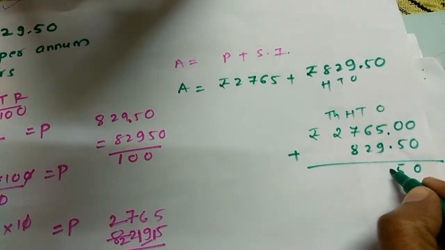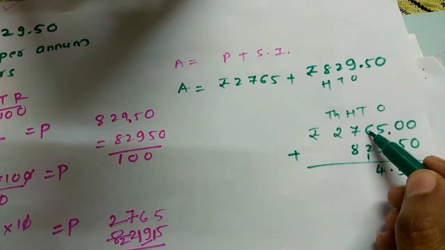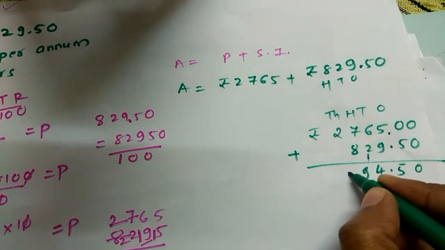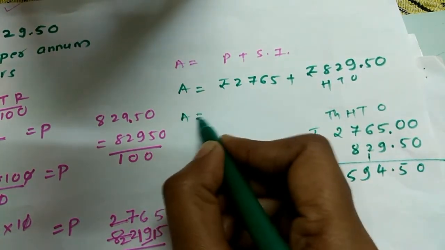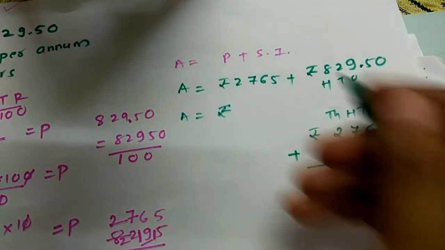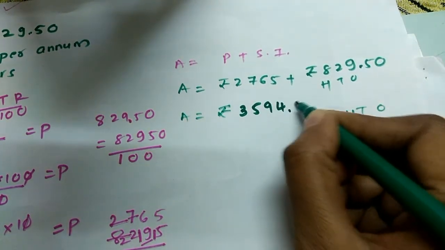Then 5 plus 9 is 14, carry here 1. 6 plus 3 is 9. Then 7 plus 8 is 15, 1. So this is the amount. Do not forget to write the rupees, that is the unit: 3594.50.